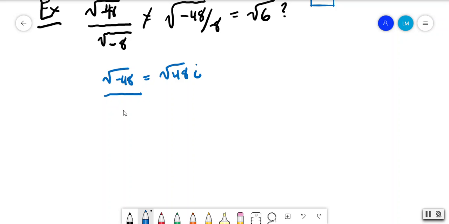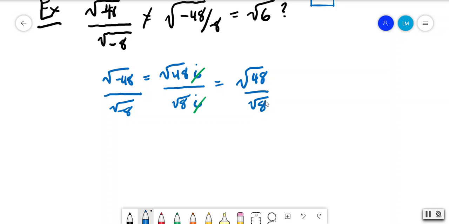So let's say that we have root negative 8. Even though this will probably be the same thing, we still have to go through the process. So this is going to be the square root of 8 times i. Now we can see that the i's cancel out. From here, you end up with the square root of 48 divided by the square root of 8.